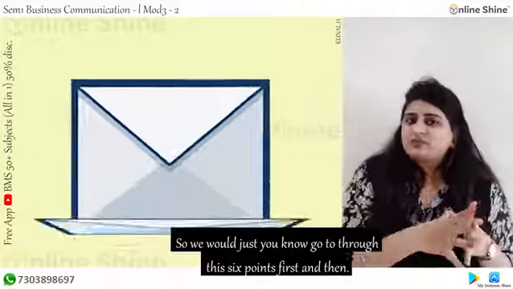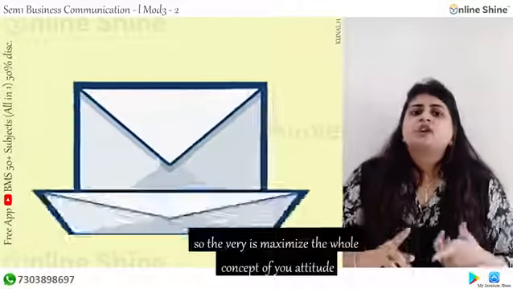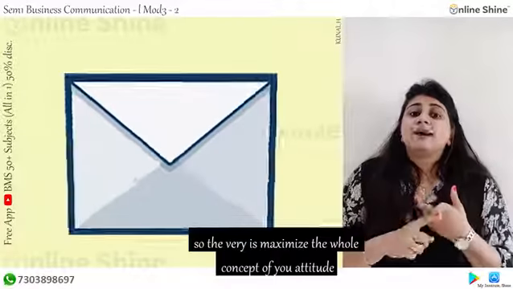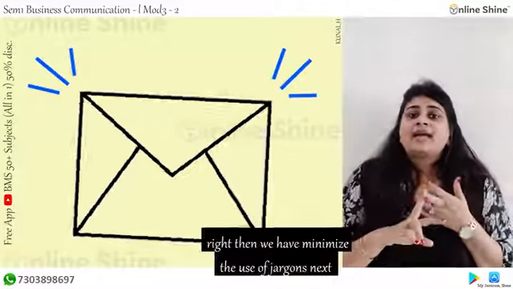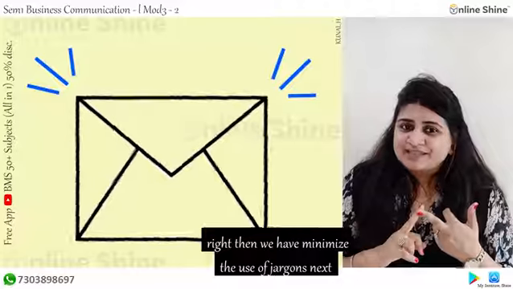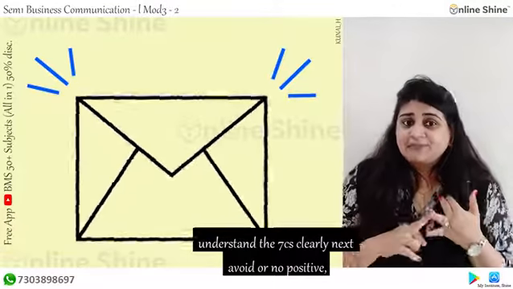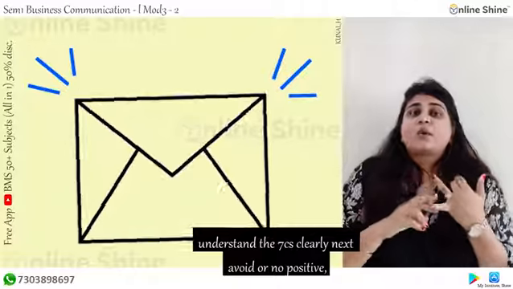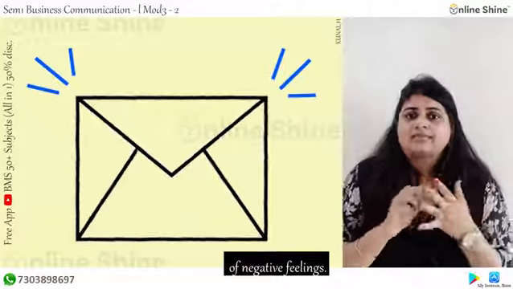So we'll quickly just go through these 6 points first, and then we'll take each of it in detail. The very first is maximize the whole concept of you attitude. Then we have minimize the use of jargons. Next, understand the 7 C's clearly. Next, avoid or positive handling of negative feelings.